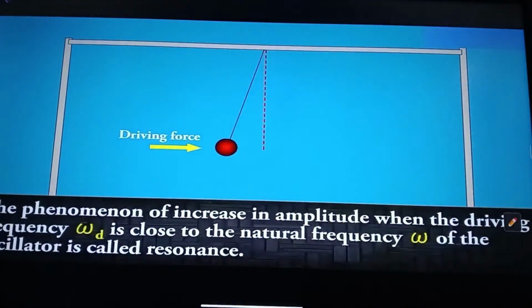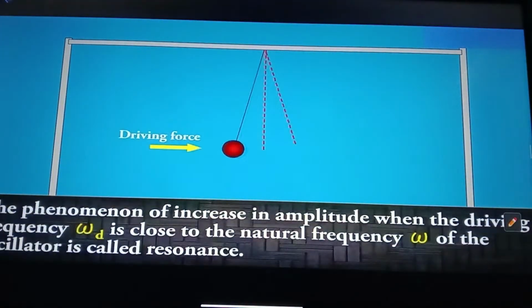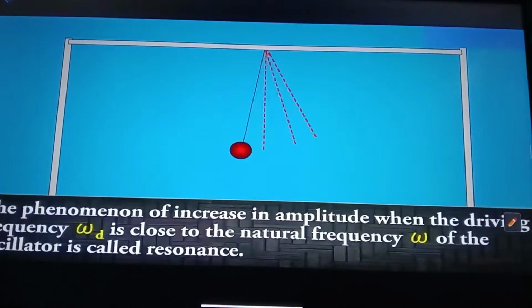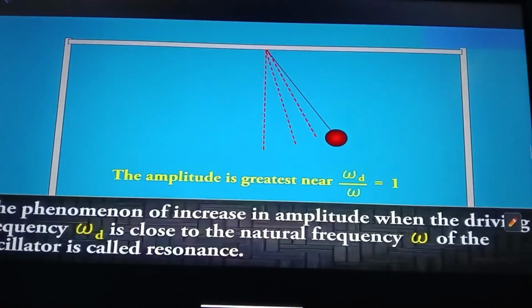The phenomenon of increase in amplitude when the driving frequency omega d is close to the natural frequency omega of the oscillator is called resonance. The amplitude is greatest near omega d upon omega is equal to 1.